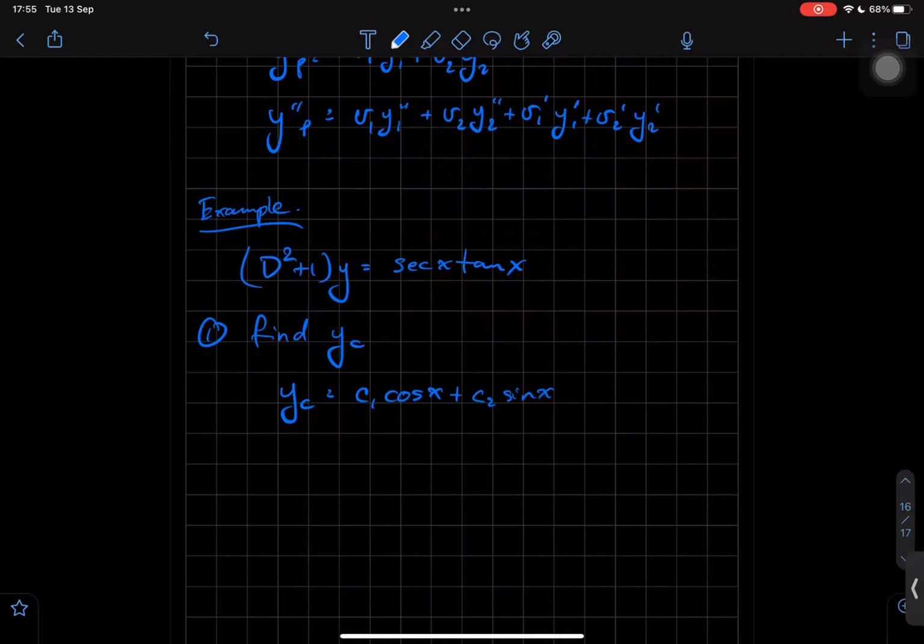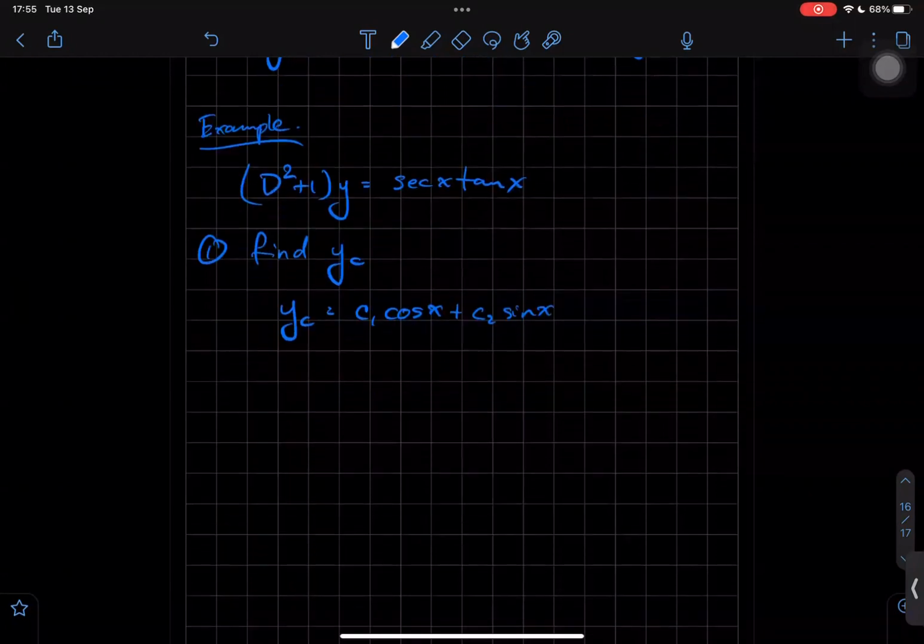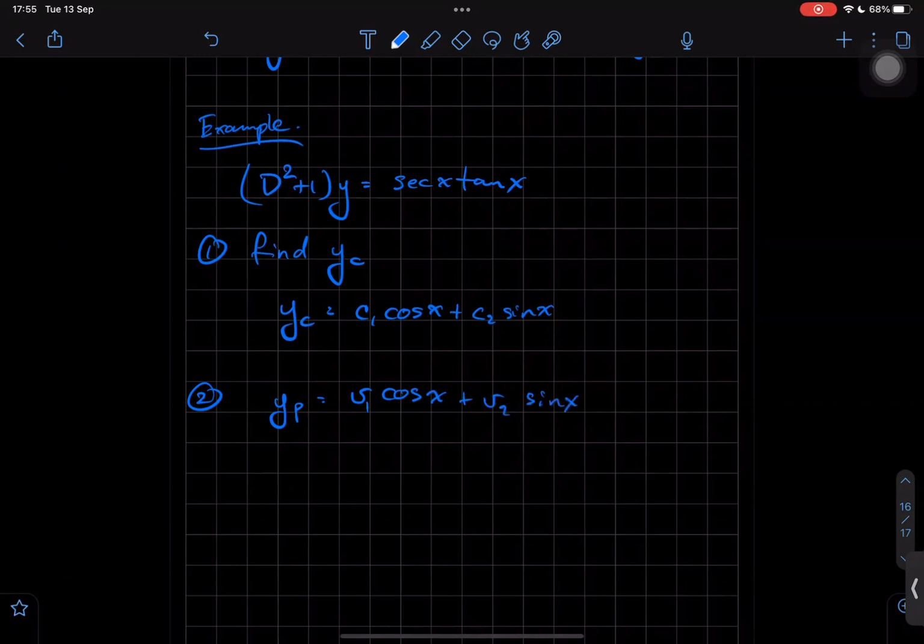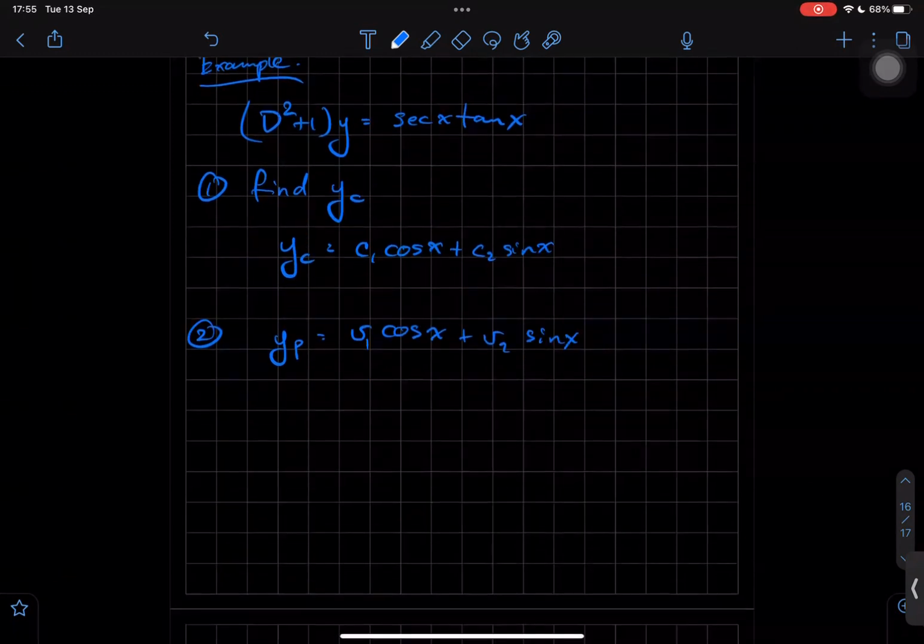You can try to find it yourself. The second one, I want to find yp, so it becomes v1 cos x plus v2 sin x, like this.